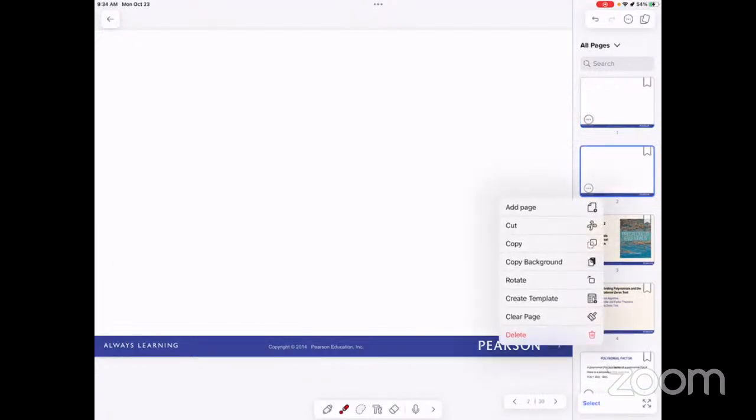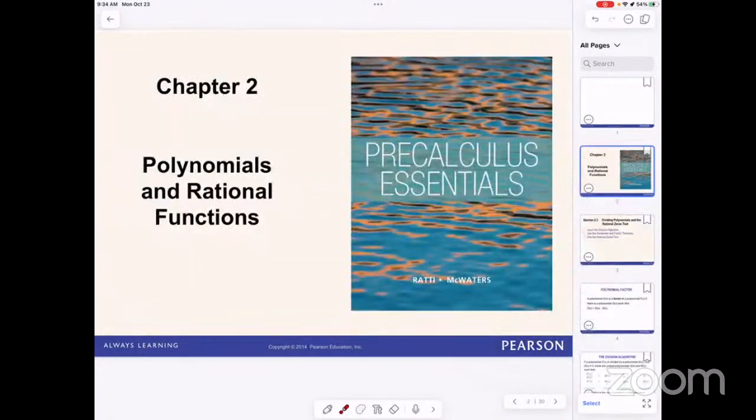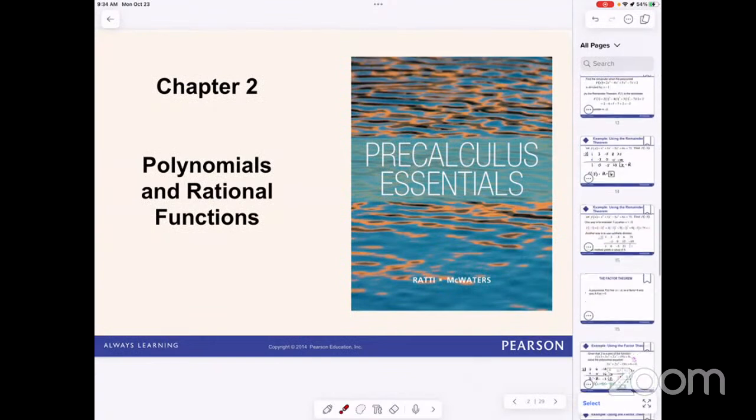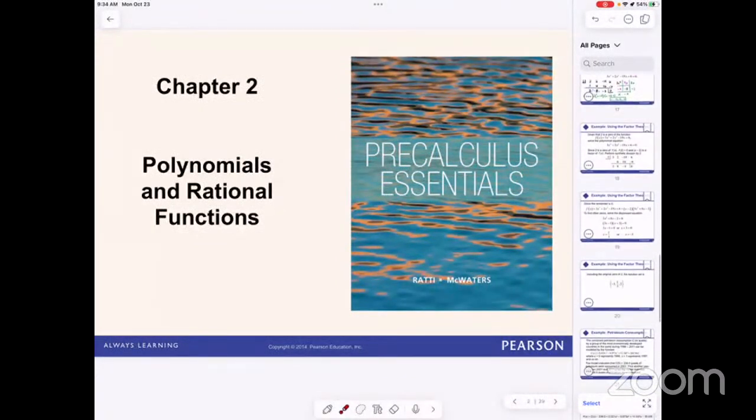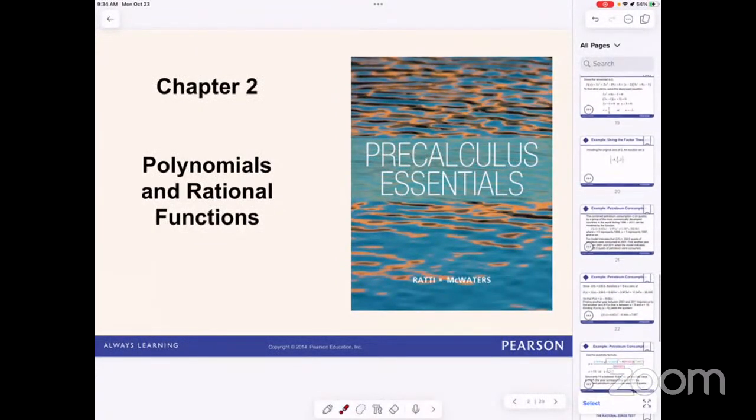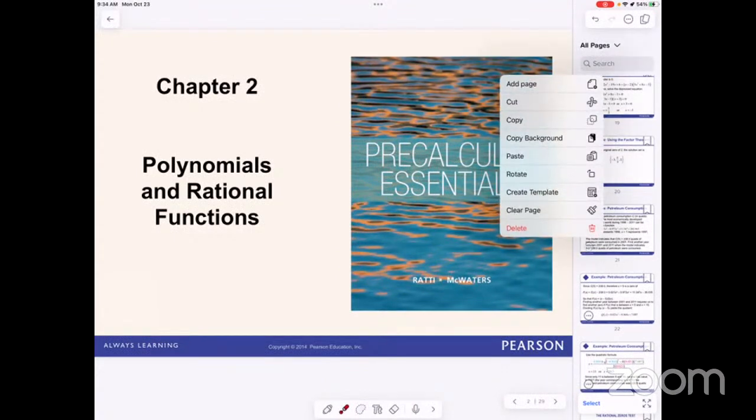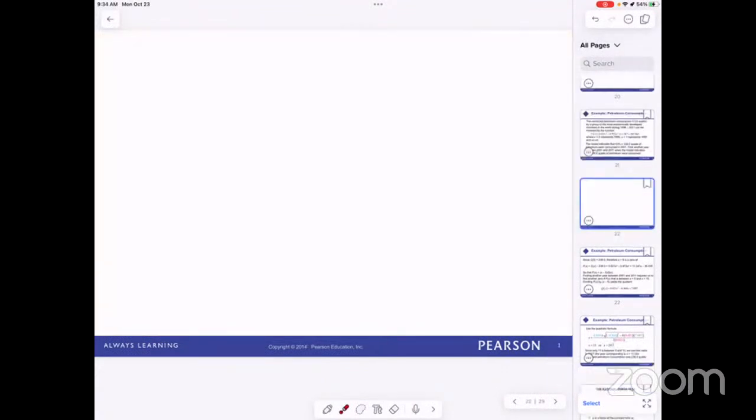Hopefully this works. Okay. Paste. It looks great. All right.